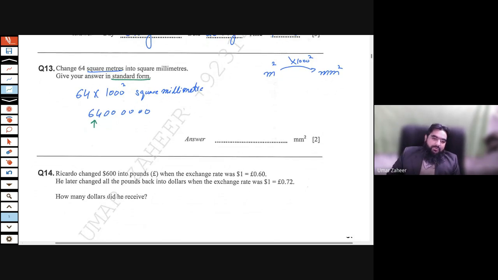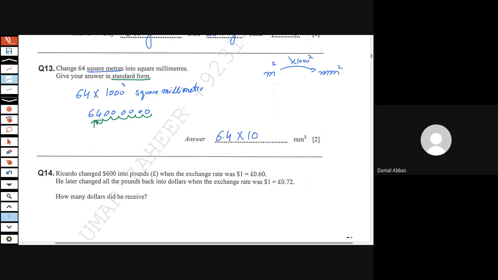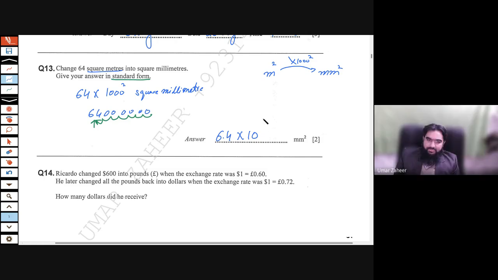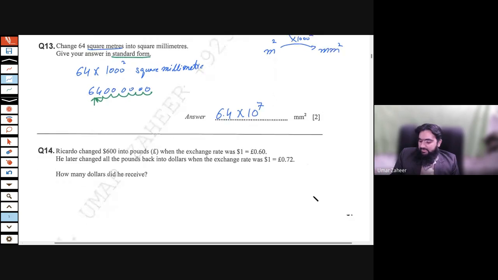Remember, in standard form, we must place the decimal point after the first non-zero digit. So 1, 2, 3, 4, 5, 6, and 7. So the answer will become 6.4 multiplied by 10 raised to the power positive 7. Positive, because when you move a decimal point towards the left side, it is a positive power, and when you move a decimal point towards the right side, you have a negative power.